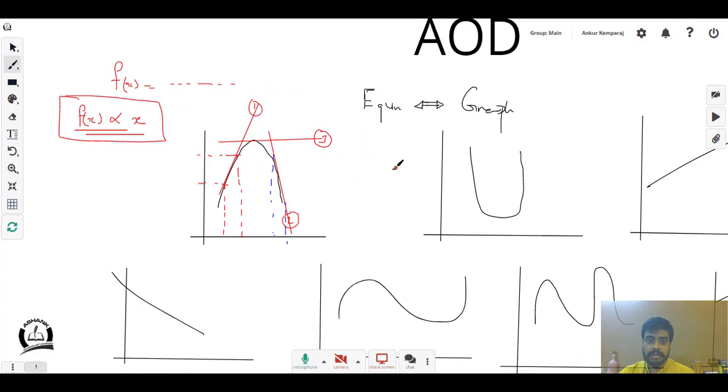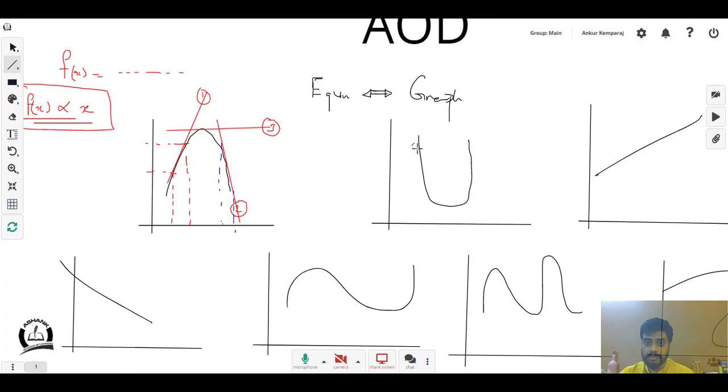The same thing happens in this one as well. So let me draw a few tangents here as well. So take a look at that there. So I draw a tangent there, I draw a tangent here, and I draw a tangent somewhere. I think that looks good.